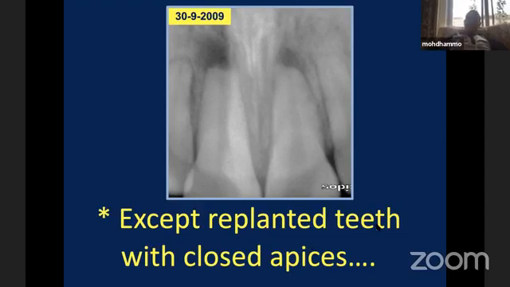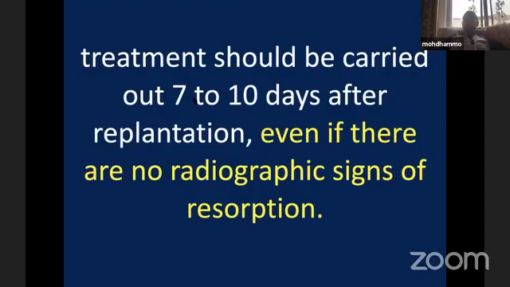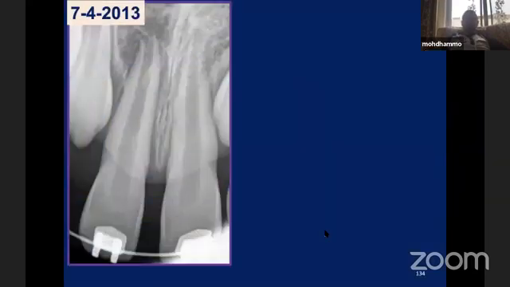If you have an avulsed tooth and you do replantation, you should start root canal treatment even without seeing any resorption. The treatment should be carried out 7 to 10 days after replantation, even if there is no radiographic sign of resorption. So we will not wait for resorption to occur. We have to start the root canal treatment immediately.